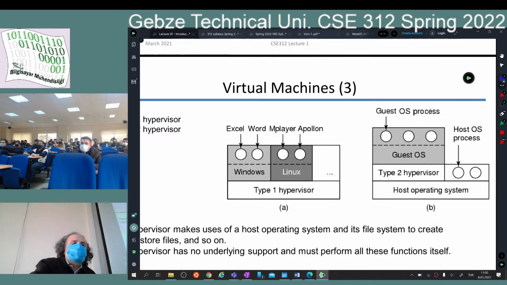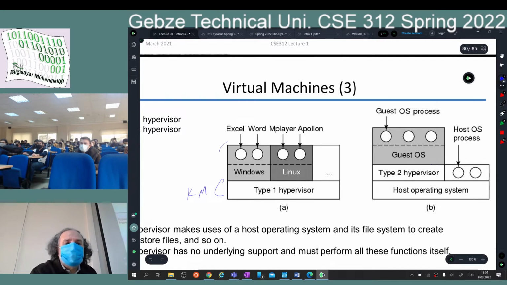For example, if this Windows operating system tries to modify an input-output register, which is a privileged instruction, it causes a trap into this type 1 hypervisor. In fact, we are running Windows here in user mode. Only this one works in kernel mode.